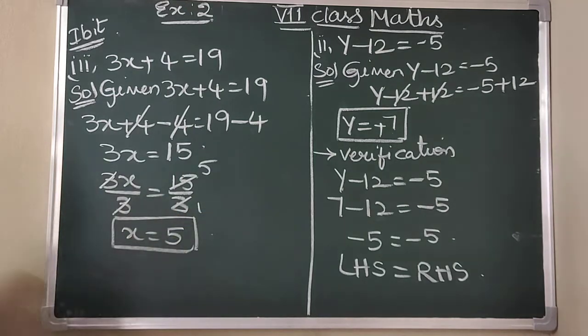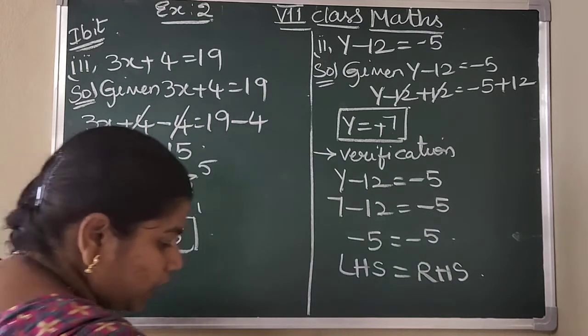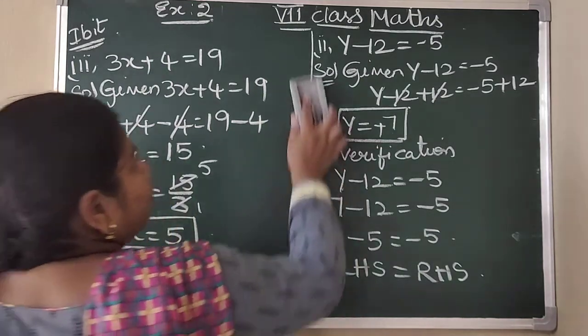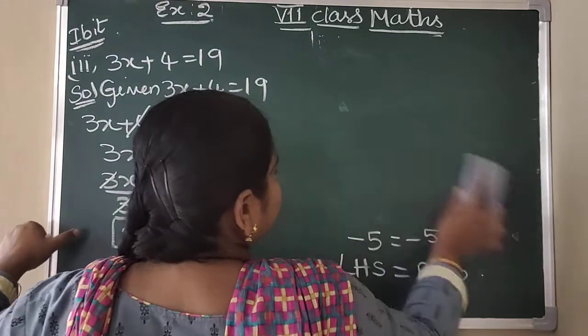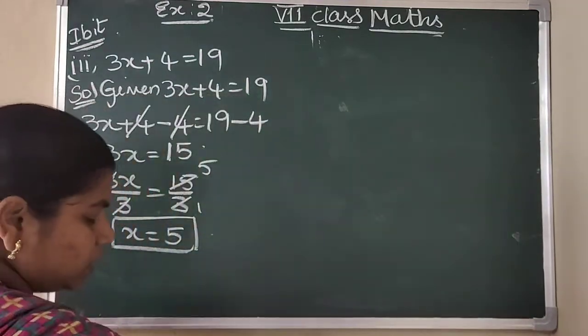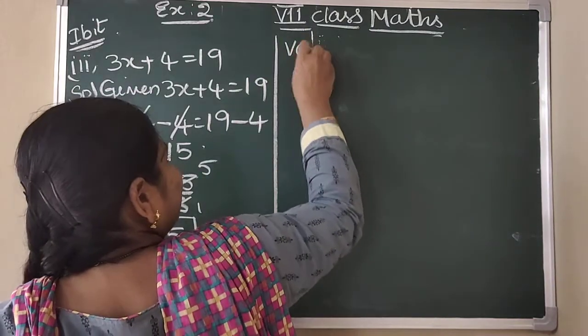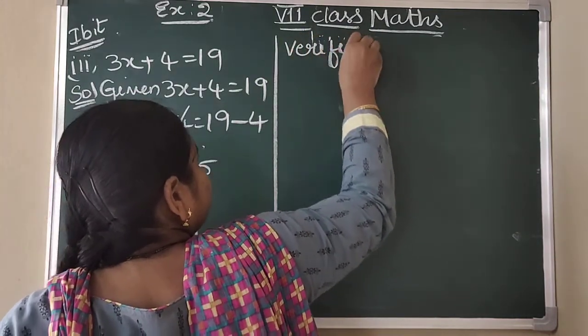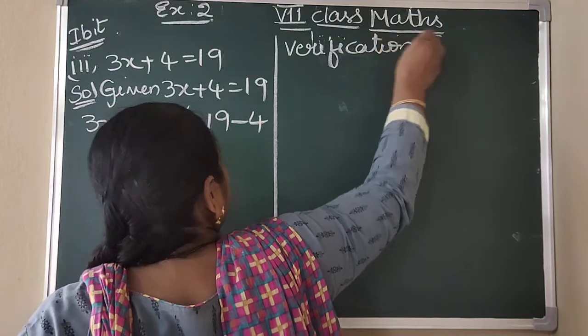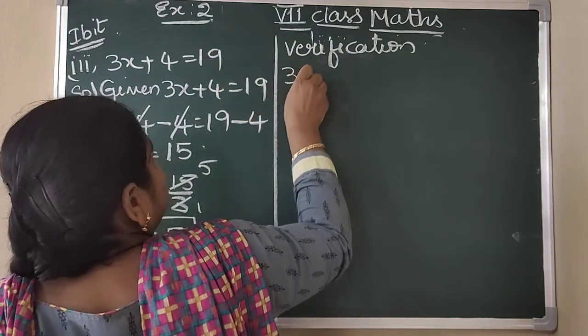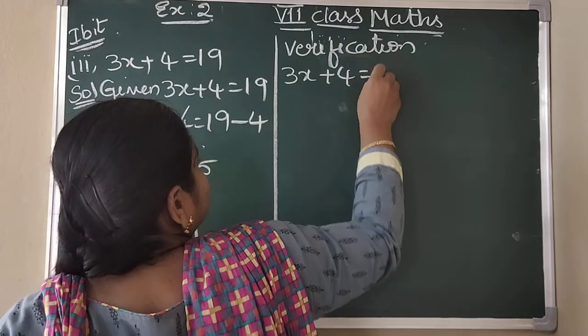Now, whether the answer we got is correct or not, we have to check. How will you check? By doing verification. So 3x plus 4 is equal to 19.